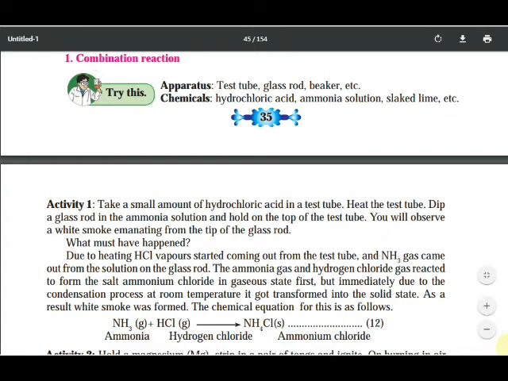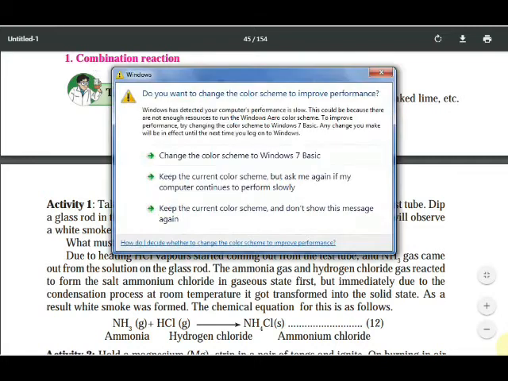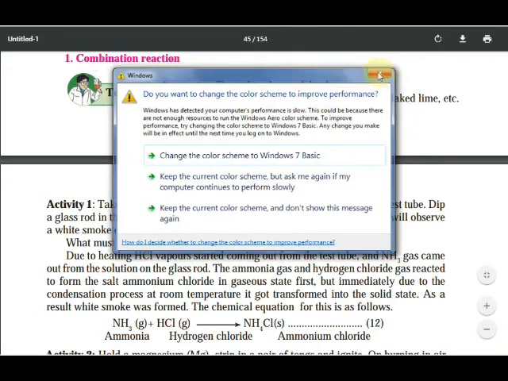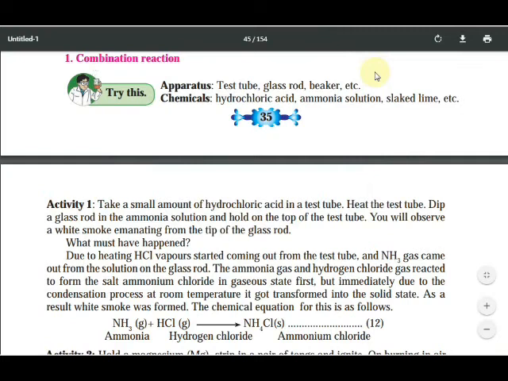When ammonia and hydrogen chloride gas reacted to form the salt ammonium chloride in gaseous state first, immediately after, at room temperature, it condenses. The vapors of salt ammonium chloride turn into white smoke, and this white smoke is made up of solid ammonium chloride.